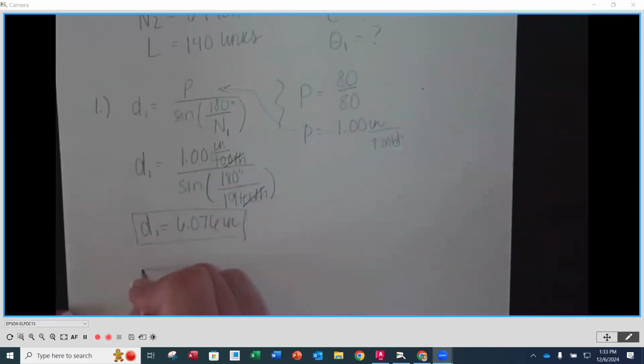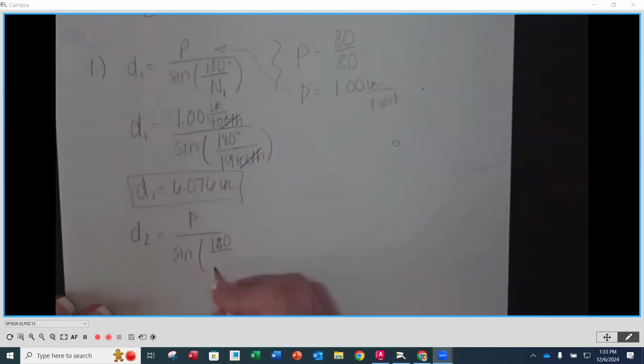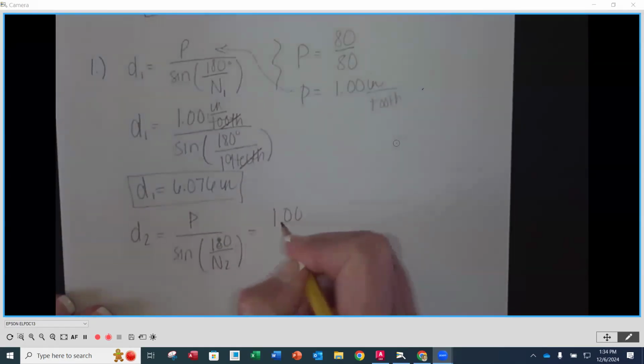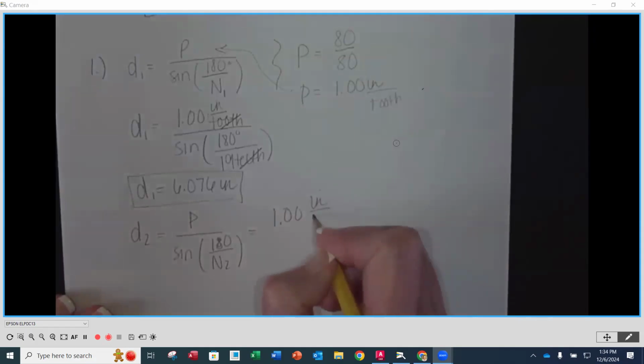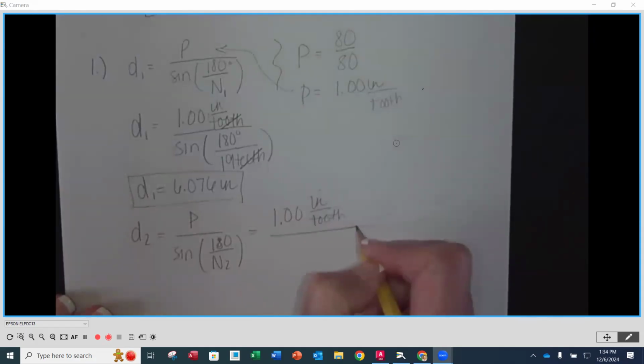Now we're going to do that very same thing for pitch diameter 2. So P divided by sine of 180 divided by number of teeth 2. That's going to be equal to 1 inch per tooth divided by sine of 180 divided by 64 teeth.